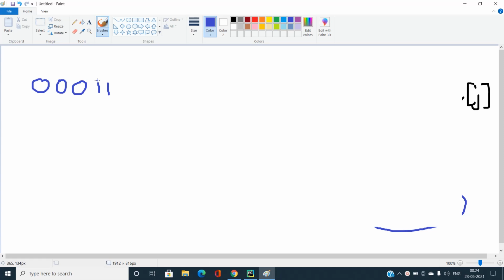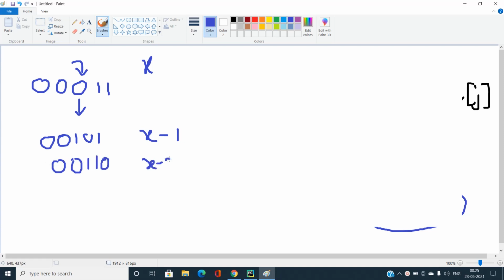If my inversion count is X, I will try to first make this zero go to the right of the ones, by one place right, then the inversion count will decrease by one, then one place right, then the inversion count will decrease by one. First I will try to shift this zero, and after shifting this 0 to the suitable position, if my X is still not 0, my array would become this one and the inversion count would be X minus 1, and again this position occurs, my inversion count will become X minus 2.